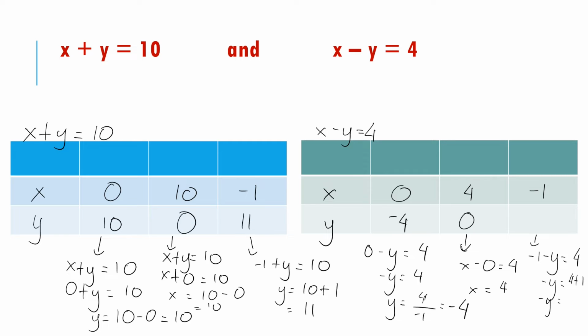Minus y equals 5, y equals 5 divided by minus 1 equals minus 5. So we get these numbers. Okay, let's see the next slide to draw.